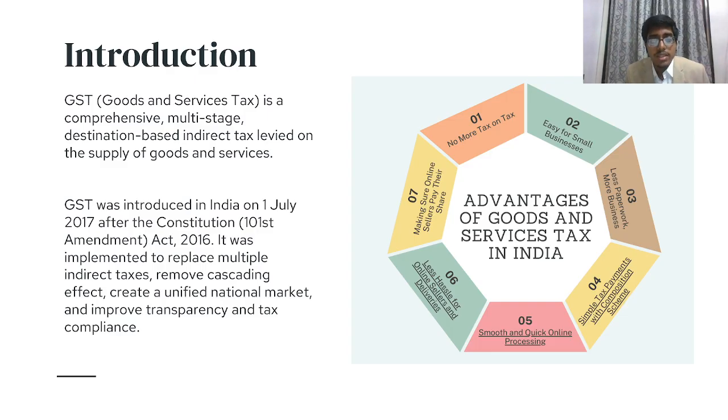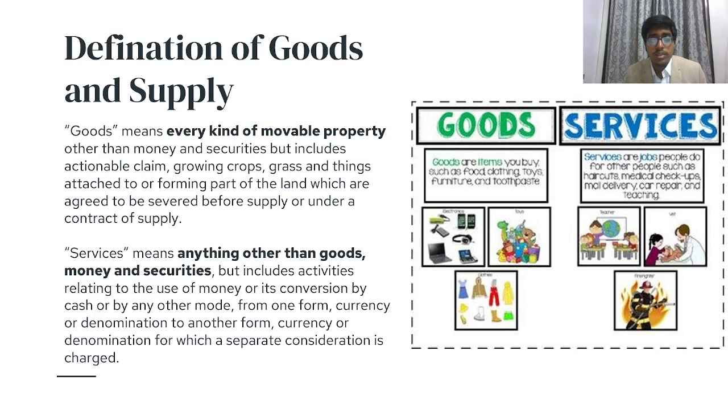So, to reduce these complications and for ease of business, GST was introduced, which removed all the other taxes and merged them into one, known as Goods and Services Tax. Now, before moving on to the meaning of money and security, let us see the definition of goods and service supply.